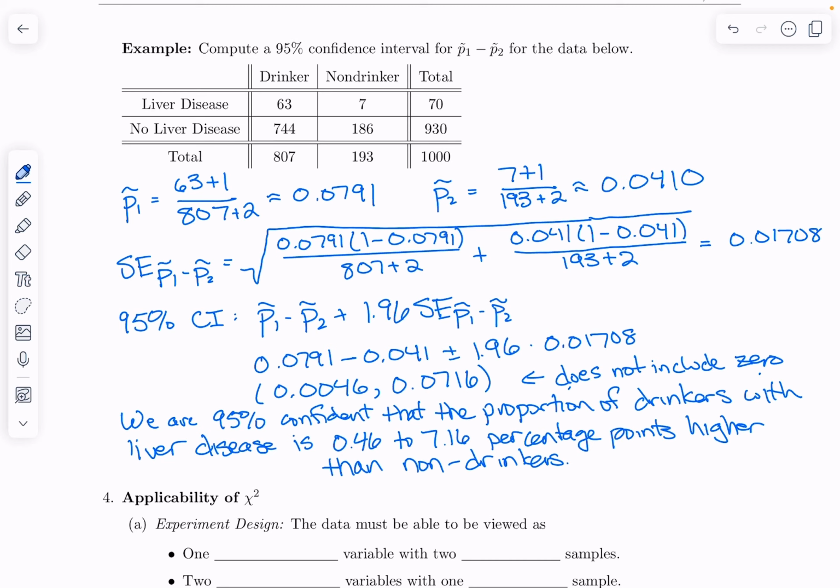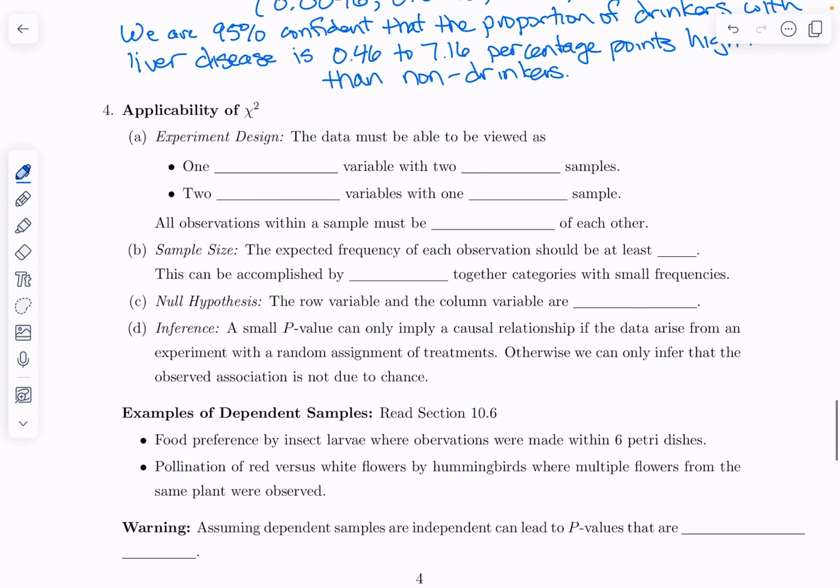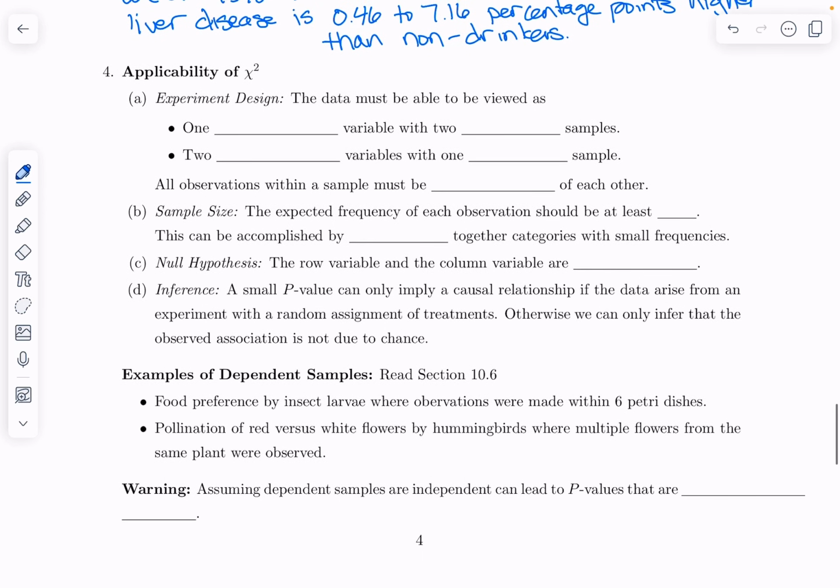I'm going to conclude this video with some reminders about when you can apply this theory, say, chi-squared tests using 2x2 contingency tables. Let's remember that the experimental design is that the data must be able to be viewed as one categorical variable with two random samples, or two categorical variables with one random sample.